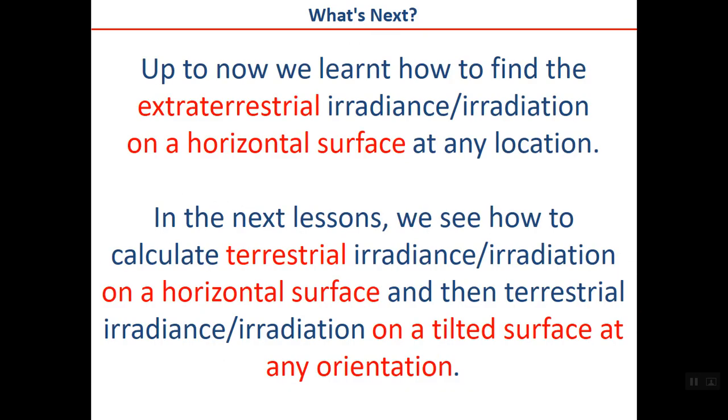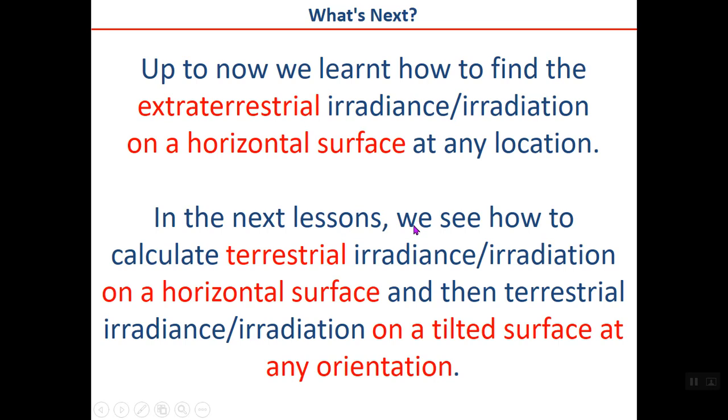Okay, now what's next? Up to now, we learned how to find the extraterrestrial irradiance or irradiation on a horizontal surface at any location. For example, if I ask you to calculate the extraterrestrial irradiance at this location on this date, you can calculate it. The same can be done for the irradiation.